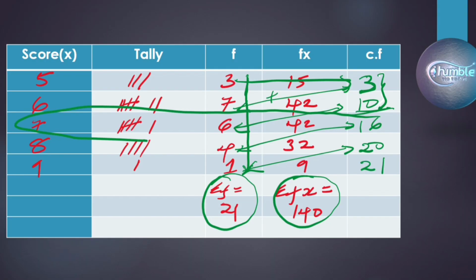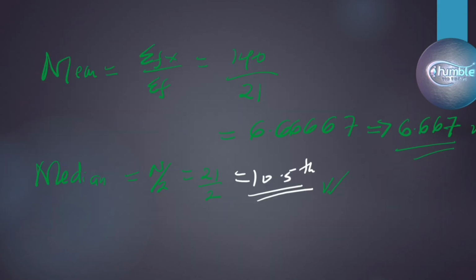And 16 corresponds, so we can circle this so that we work with that particular score. So from 10 you go up to 16, and 10.5 is inside this particular cumulative frequency. So therefore, the corresponding score for this is 7. So therefore, we are going to give 7 as the median.